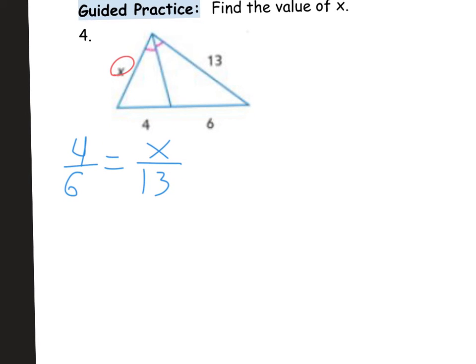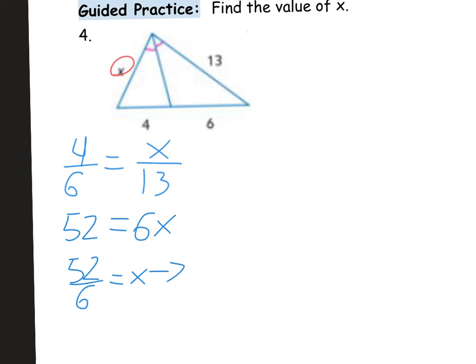Cross products give us 52 is equal to 6x. Divide both sides by 6. We end up with 52 over 6, which is equal to x. But 52 over 6 is a bit of a wonky looking fraction.